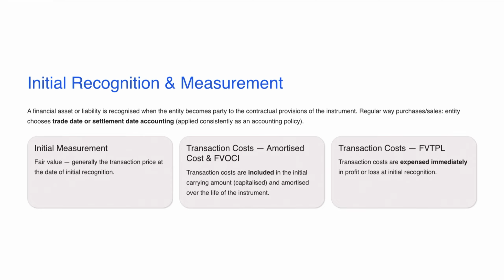This creates a very useful exam rule. Amortized cost or FVOCI, transaction costs are included. FVTPL, transaction costs are expensed. Always identify the measurement category before deciding what happens to the transaction costs.